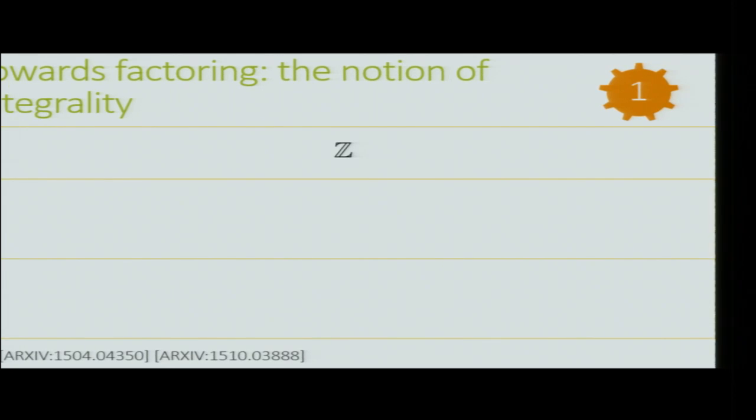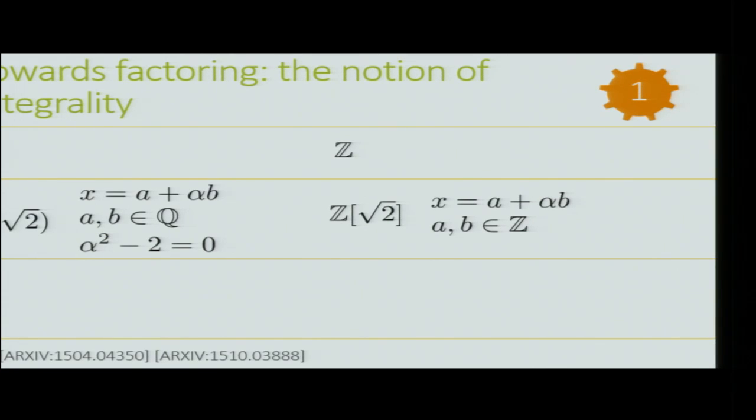Now, if I'm talking about factoring, there is one extra thing to tell about. If you talk about factorization, you need a notion of integrality. Everybody is familiar with what the integers are for rational numbers, but for number fields there is also a notion of a ring of integers.